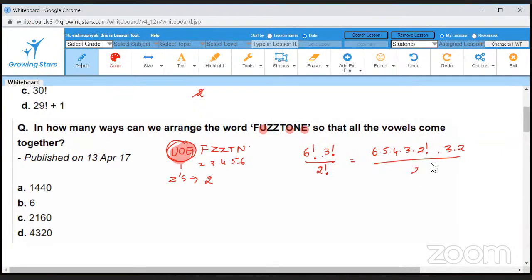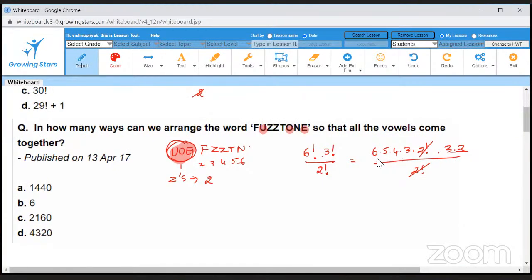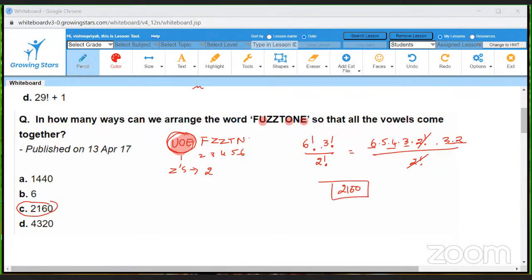Denominator is 2 factorial. 2 factorial will cancel. So you have here 6 and then 6, 36, 36 and 3, 108 into 20. So that will be 2160. That's the answer, the total number of ways the letters of the word can be arranged so that the vowels are together.